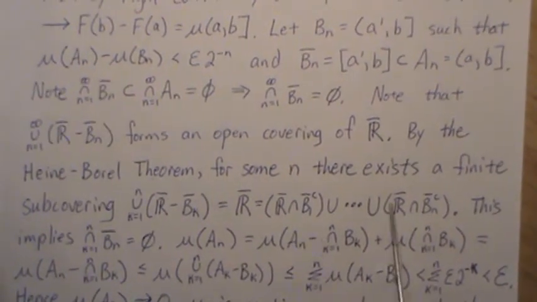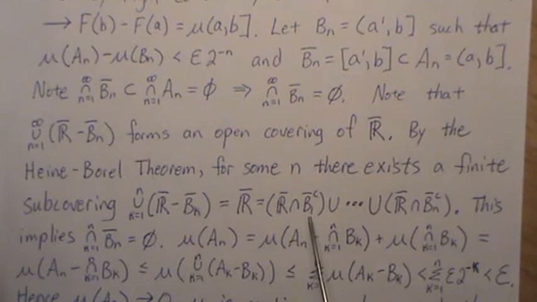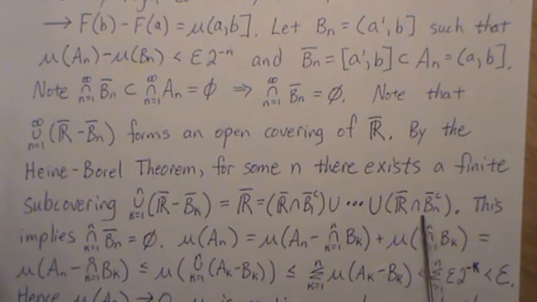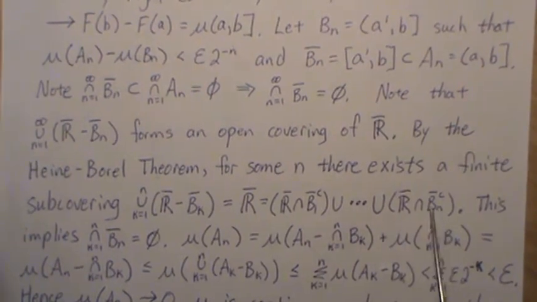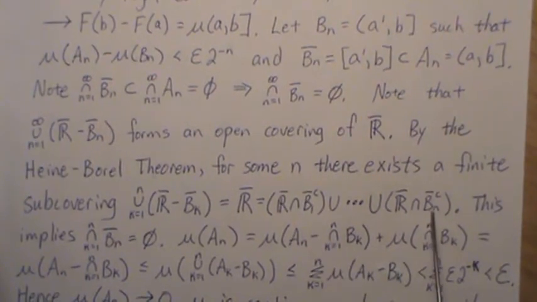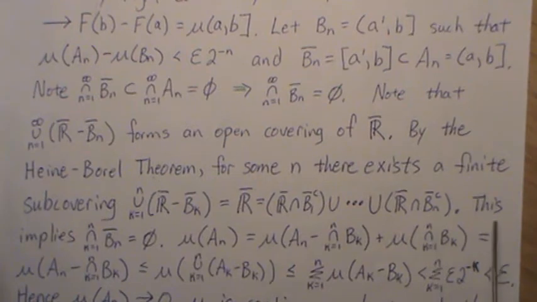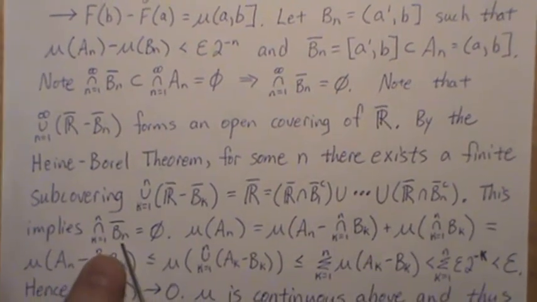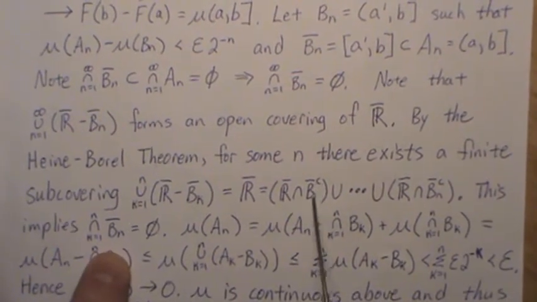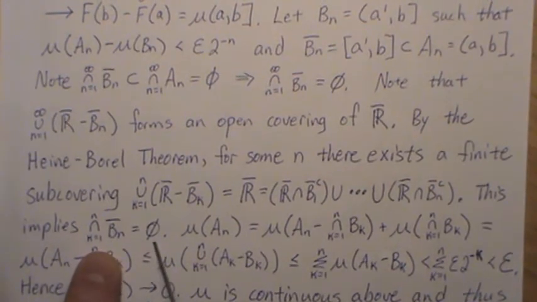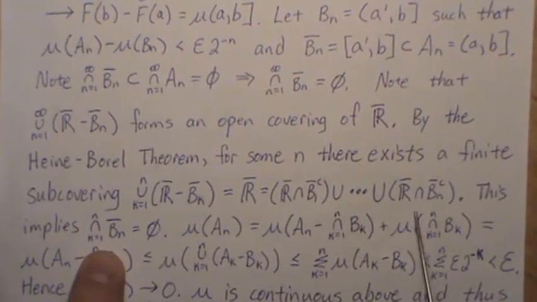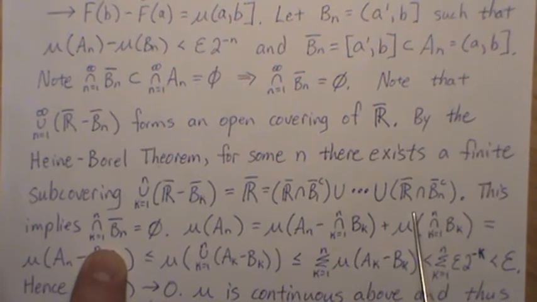But if this is R, one of these has to be R, because when you intersect, it can only get a little bit smaller. So at some point, one of these is the extended R. So that implies that this intersection, the complement of these, goes to the empty set.